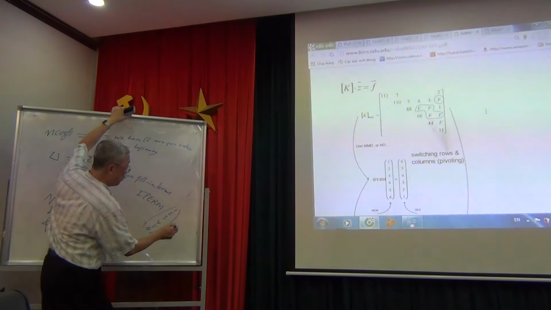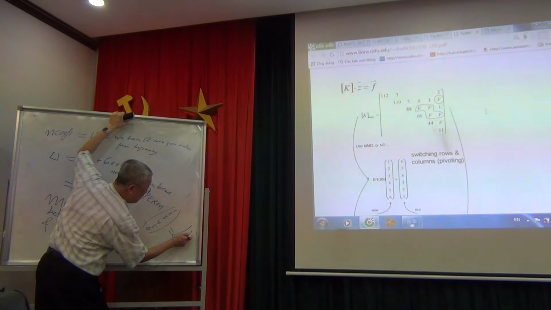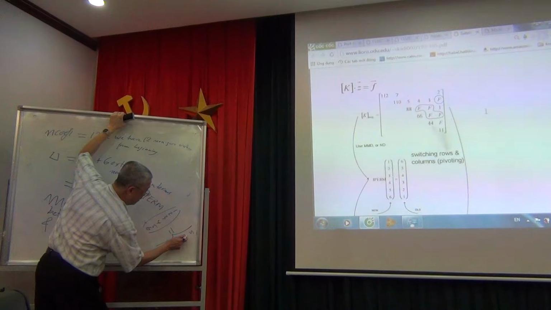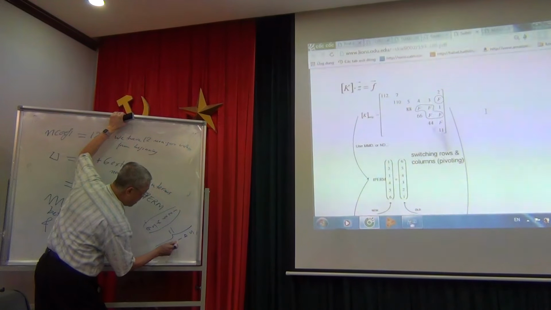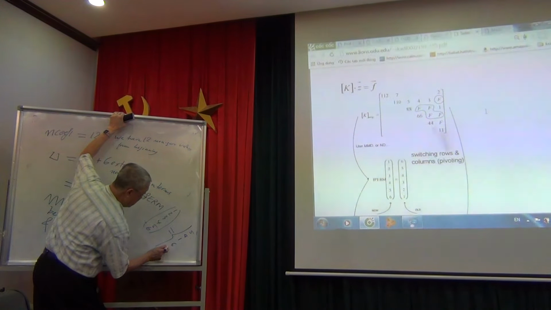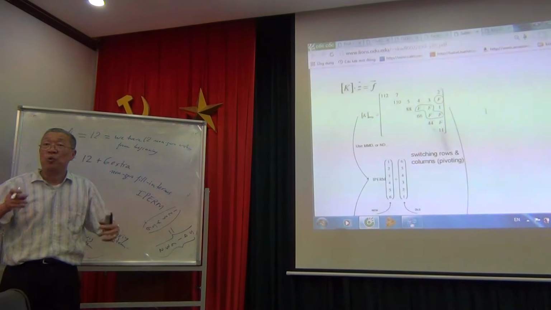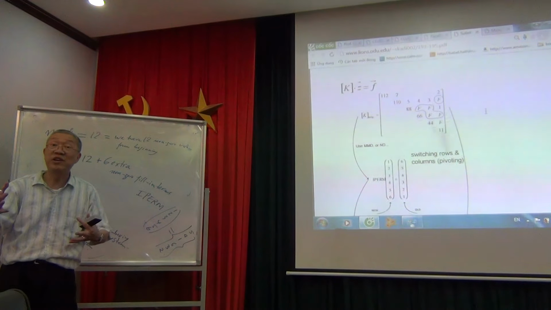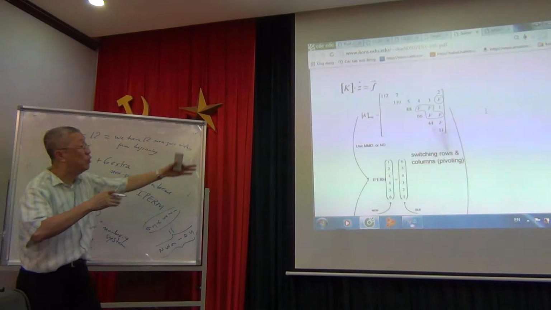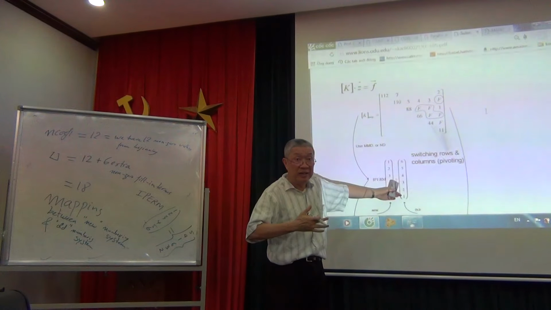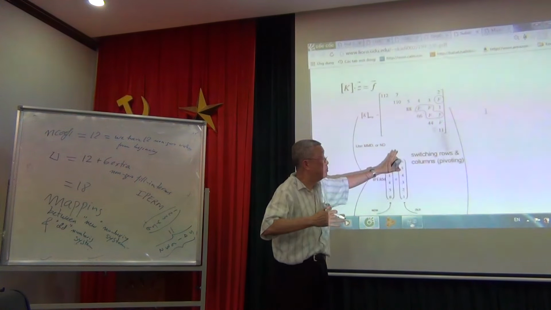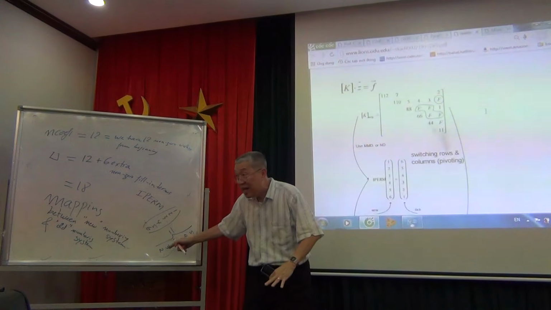Who knows, maybe 5, maybe 4, maybe 1, maybe 6, maybe 3, maybe 2. When you tell him the non-zero location, he will give you the mapping. The answer could be maybe like this or maybe like that.